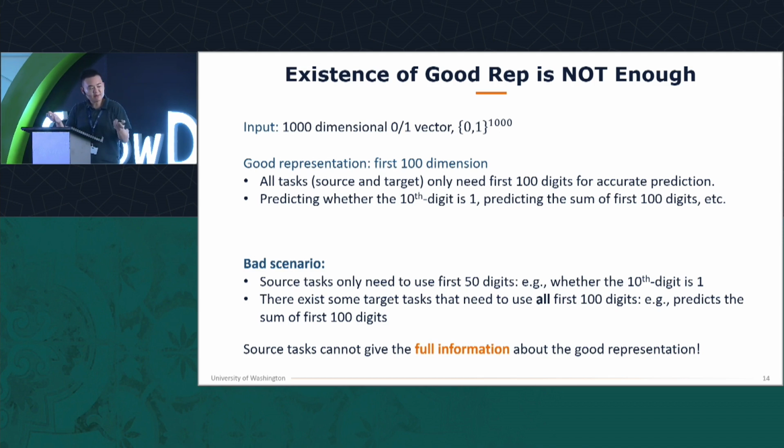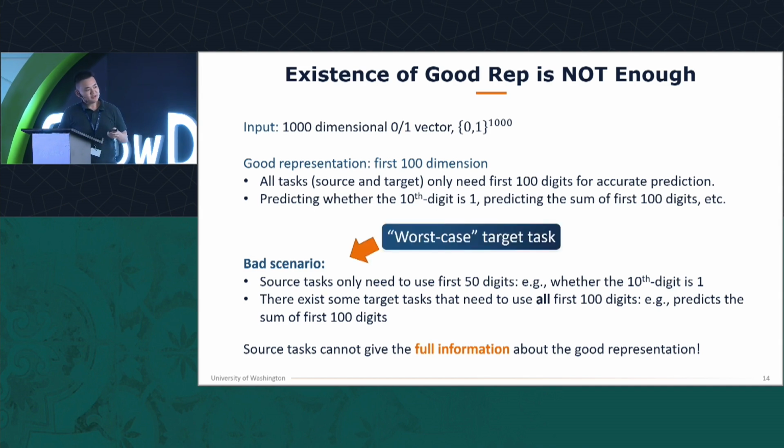Okay? You can imagine there can be some scenario like this where the source and target tasks share the good representation of the first 100 dimensions, but in the real data you have, you only need to use the first 50 digits for the source task. So you don't learn anything about the 51st to the 100th digits.